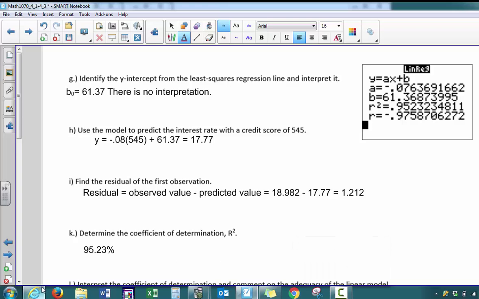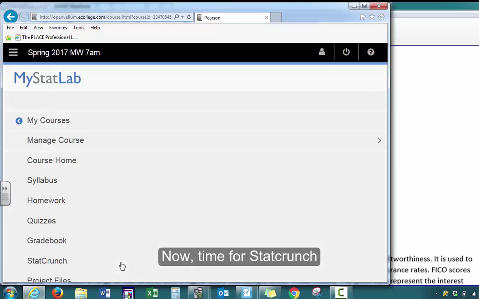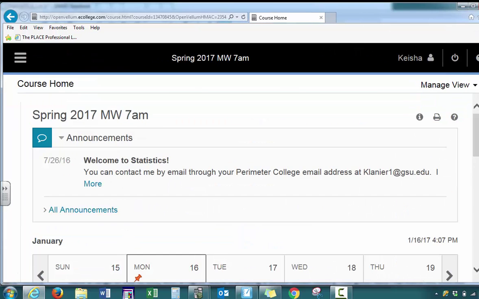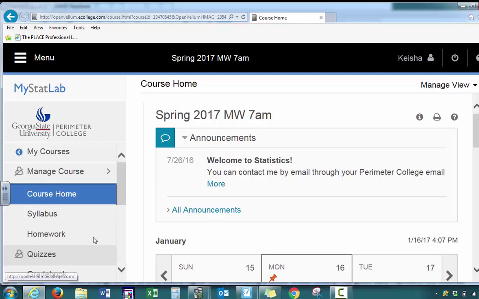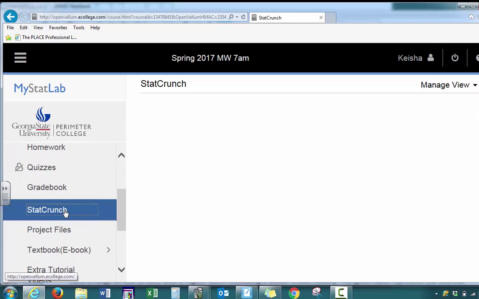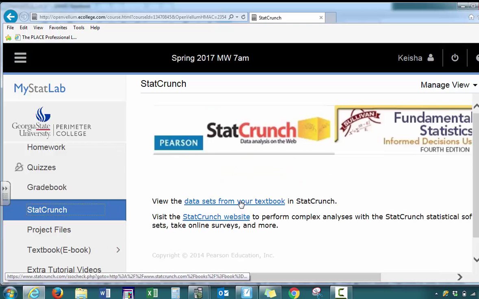Interpreting those values. Now, StatCrunch can do the same exact thing. Whenever there are any problems in your textbook, once you're in MyStatLab, you have the option of selecting those problems. And you do that by clicking on StatCrunch. And the first link says datasets from your textbook.